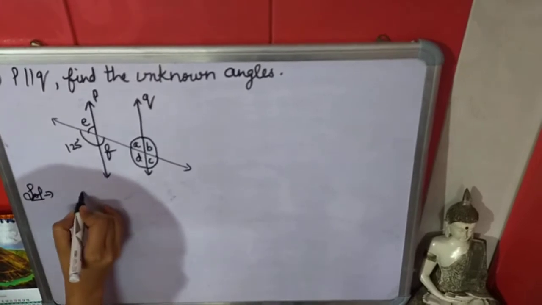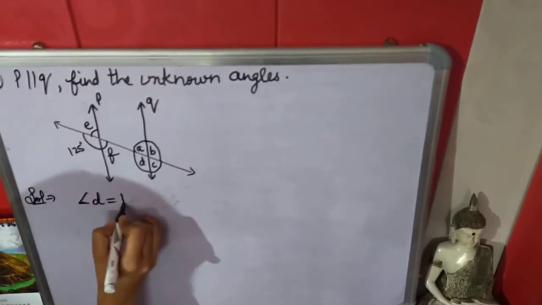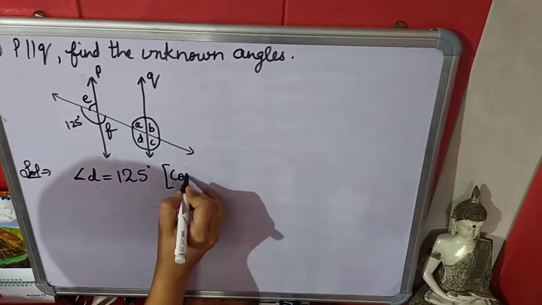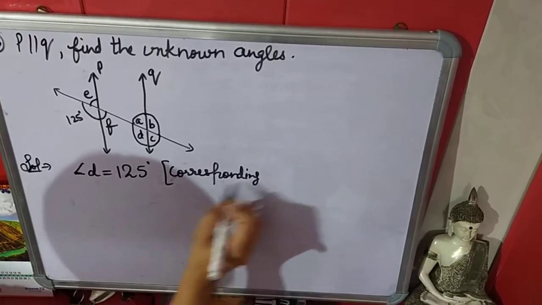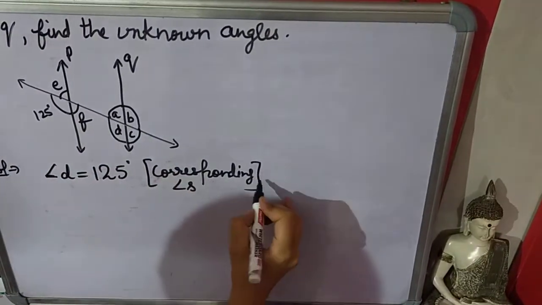So you will write angle D is equal to 125 degree. Reason is both are corresponding angles. So first answer is here.